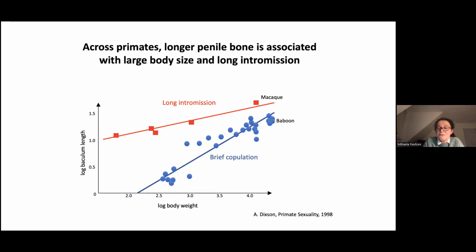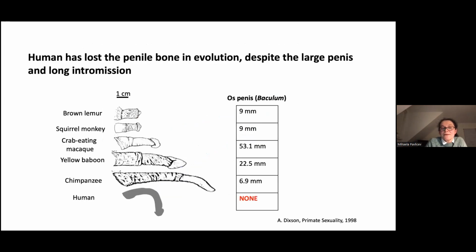So we see that usually the larger the body weight and the longer the intromission, the longer the baculum is, so the support needed. Humans have lost the penile bone, as you might know, in evolution, but do have both a large penis and long intromission. So it is quite likely that the human pelvic floor also has in males a much more important function than in other species.